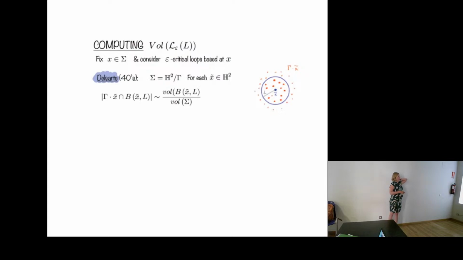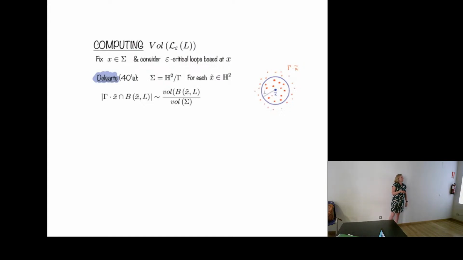Meaning, if I fix any point, and gamma is the Fuchsian group that we quotient by to get our hyperbolic surface, then I look at the orbit under gamma, all the red points, for the blue point I fixed.